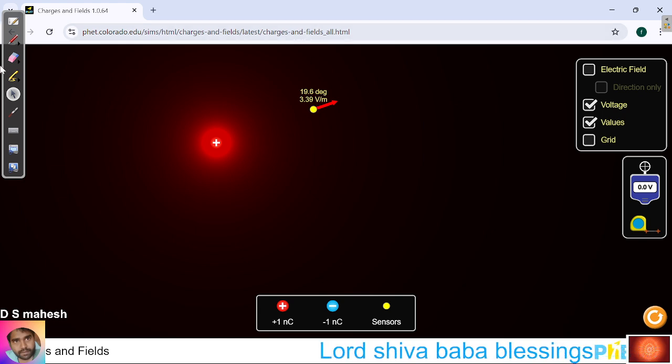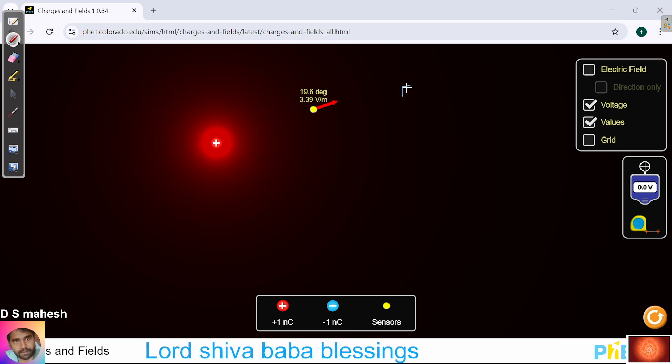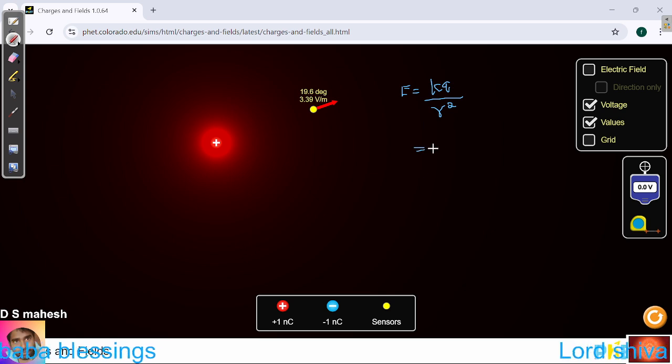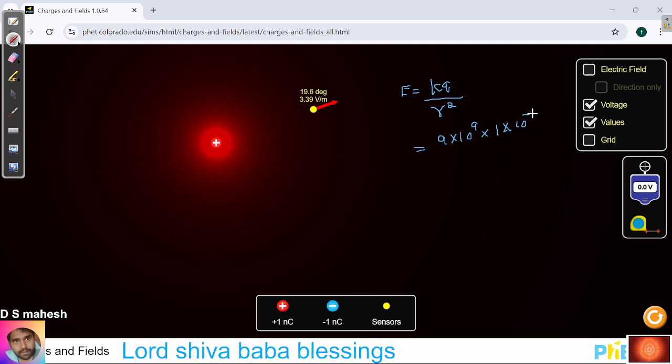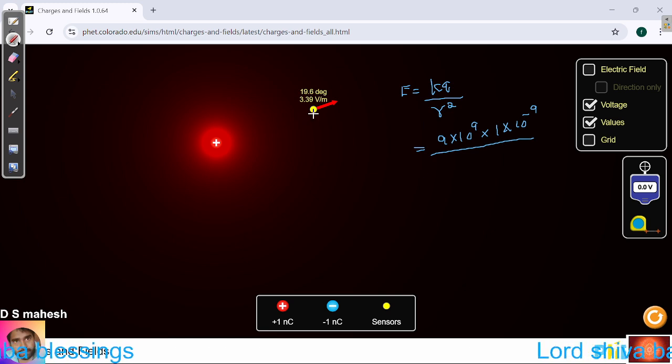According to the equation, the electric field at any point is given by E is equal to K into Q divided by R squared. The value of K is 9 into 10 to the power of 9. The value of Q is 1 nanocoulomb, so it is 1 into 10 to the power of minus 9, divided by the distance from this charge to the point where we are calculating the electric field.